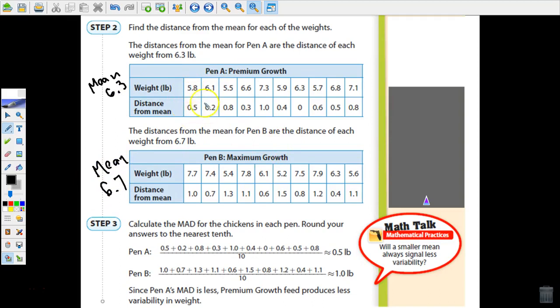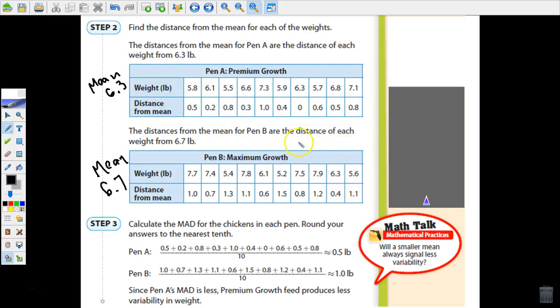So we find the distance away from the mean for all of these, and then the same for all of these. What do we do then? Add them all up and then divide by 10. Okay? So it's the same thing all over. So you're finding the mean of the actual numbers that they give you in the first place. You find the distance away from the mean, distance from the mean, and then you find the mean of those distance from the means. Okay?